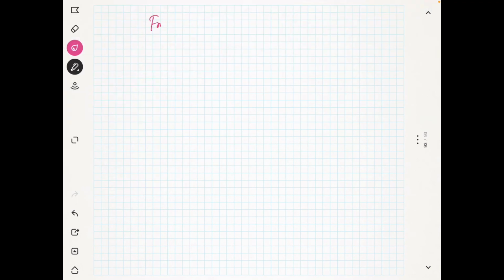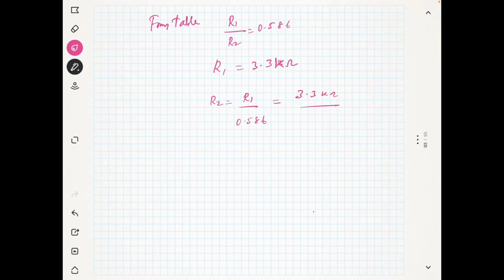I will assume my R1 is equal to 3.3 kilo ohm. So my R2 is equal to R1 by 0.586, which is 3.3 kilo ohm divided by 0.586. You will get 5.63 kilo ohm.